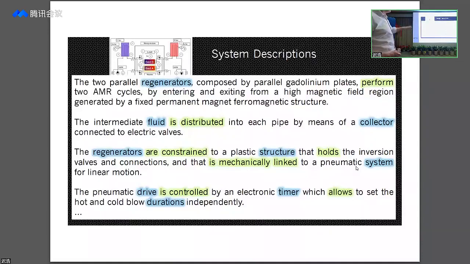And have a look here. The two parallel regenerators perform 2 cycles. Fluid is distributed. Structure that holds. Can you see here? Everything is in present tense. Why is that?